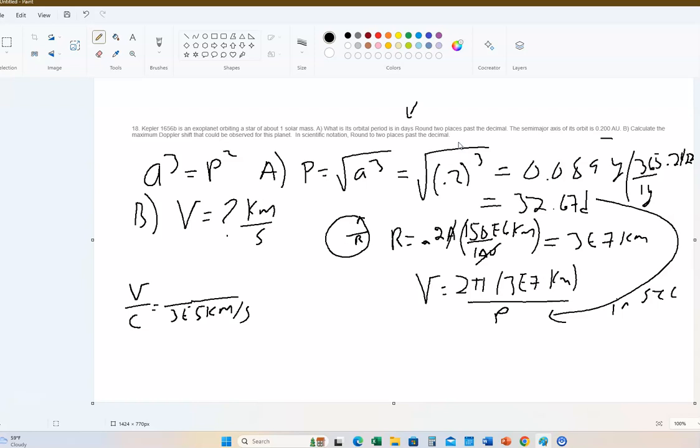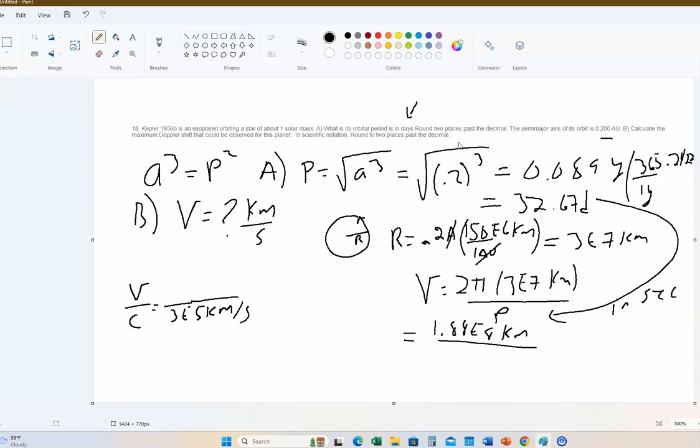So the numerator of this is 1.88 times 10 to the 8th kilometers. Remember, we've got to get it in kilometers per second. All right, so we got that. Let me store that in my calculator.